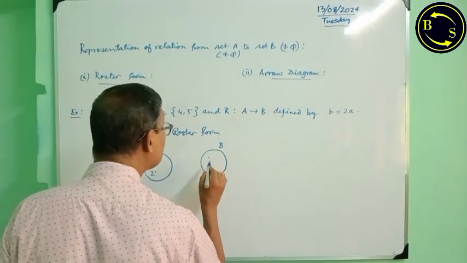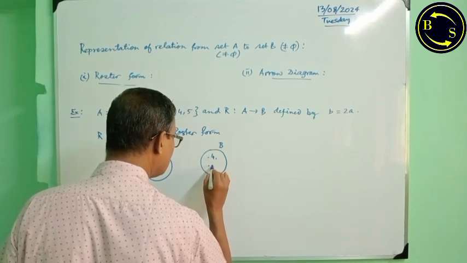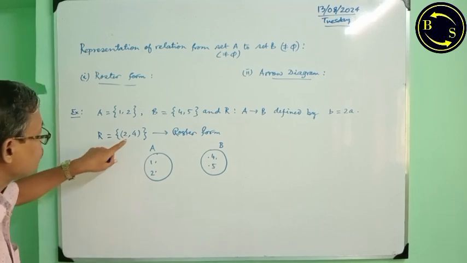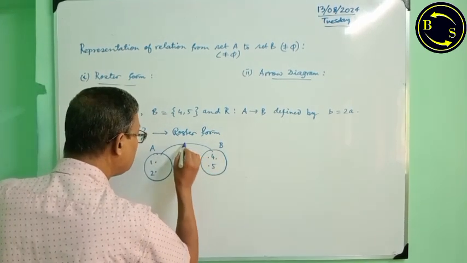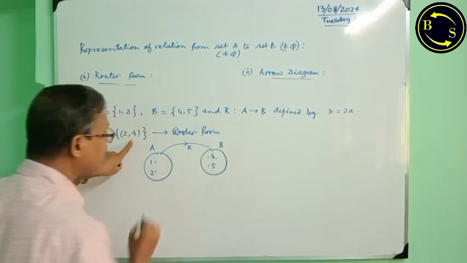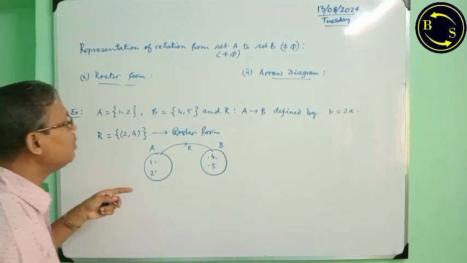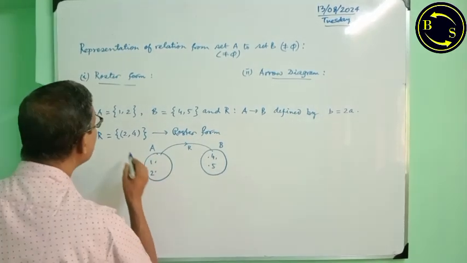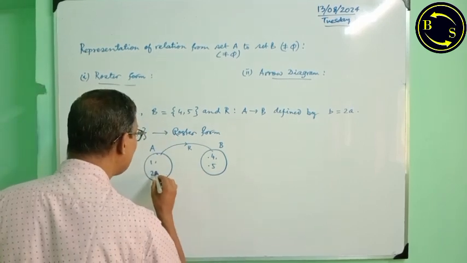Then 4, 5, now the member is (2, 4) and we give this, which indicates the relation R. Here 2 is connected with 4.